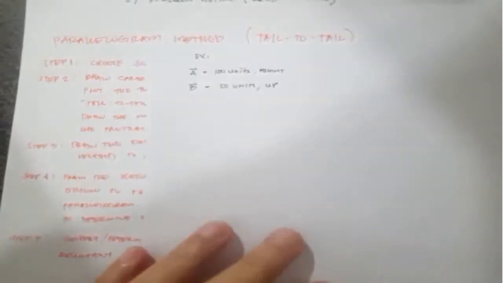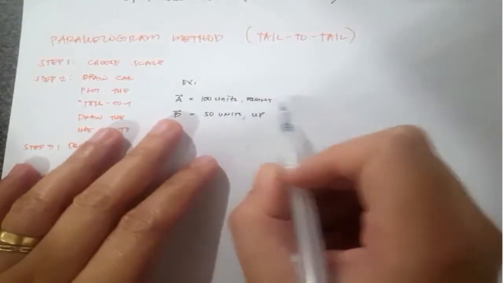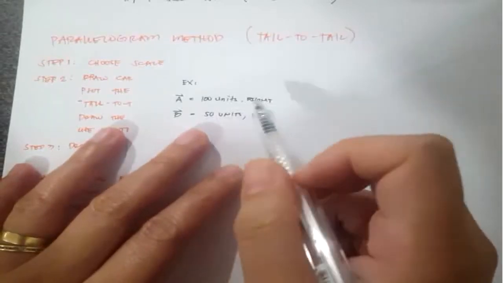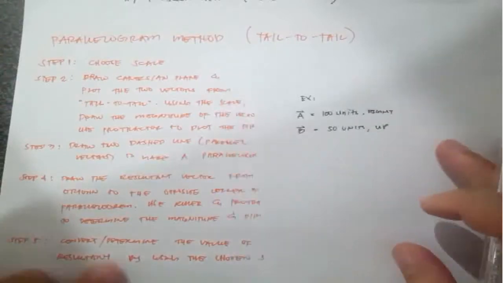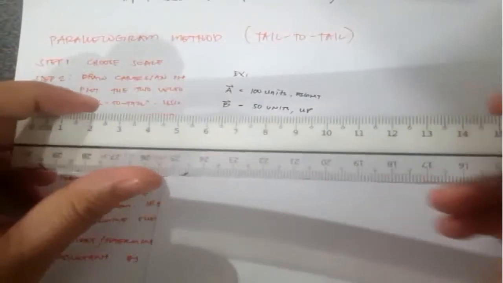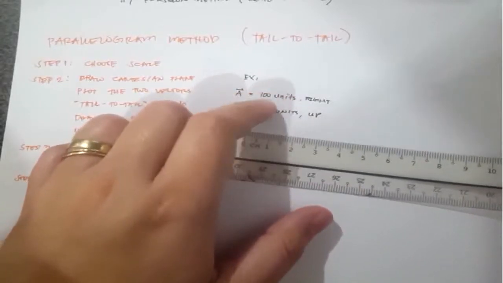For example, we have two vectors here, vector A and vector B. Vector A has 100 units going to the right, and vector B has 50 units going upward. So our first step is to choose a scale. Using a ruler, you must choose your scale to represent these magnitudes, the 100 or 50 units.